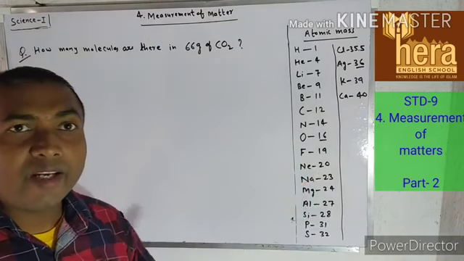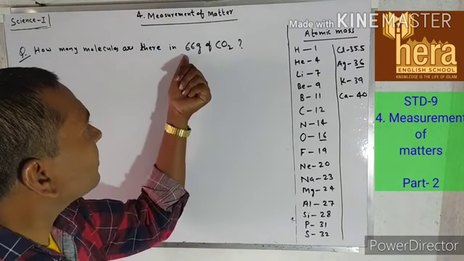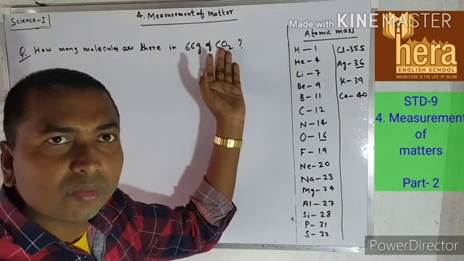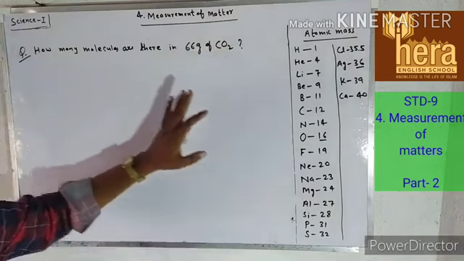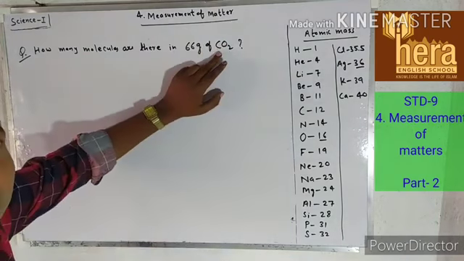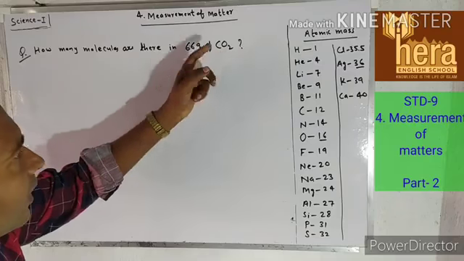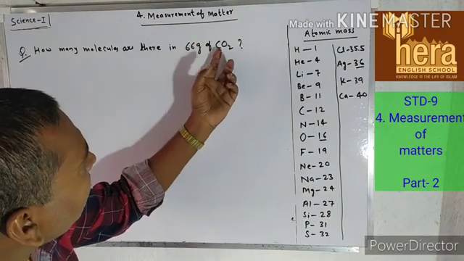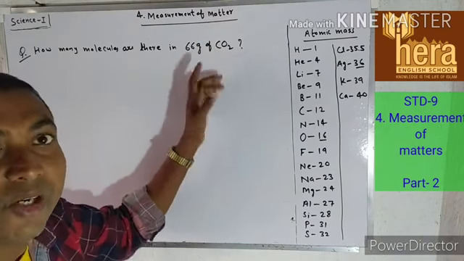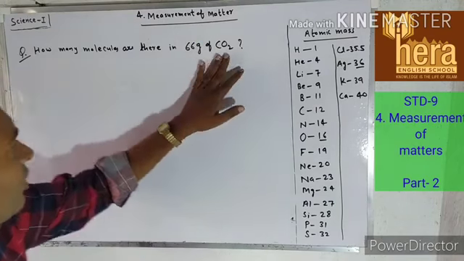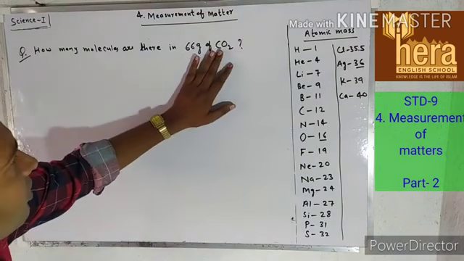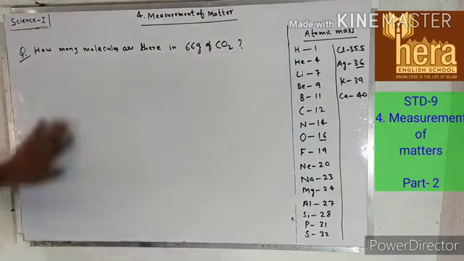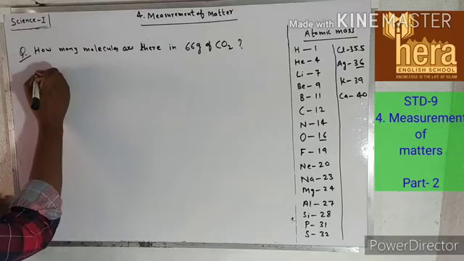You have to find the number of molecules in 66 gram of CO2. So first of all, you have to find the molecular mass of CO2 and convert that molecular mass into gram. So first of all, you will find the molecular mass of carbon dioxide. So we will write here molecular mass.